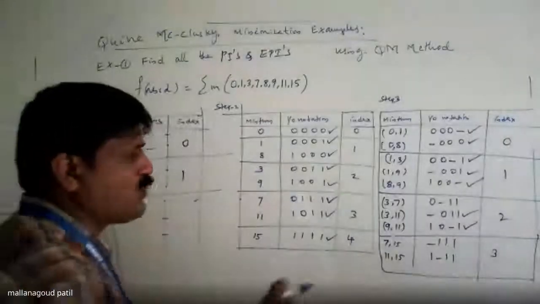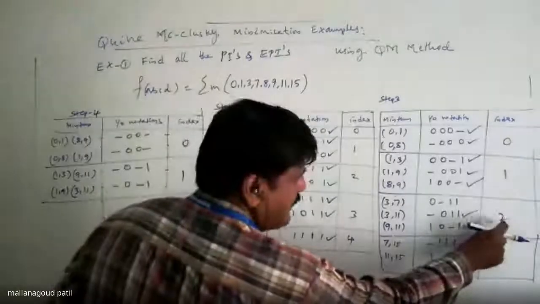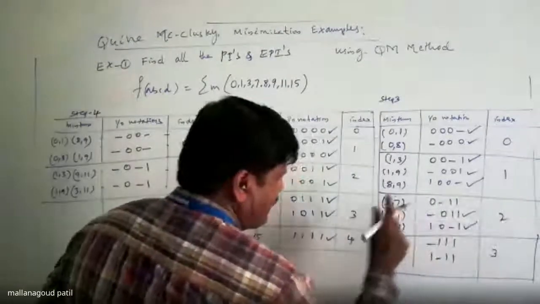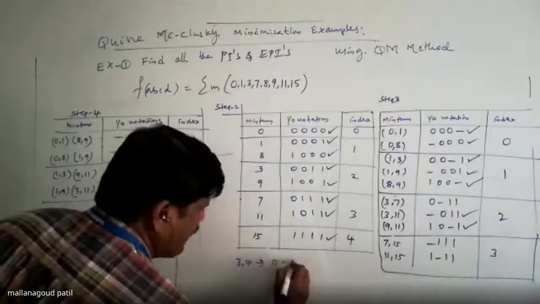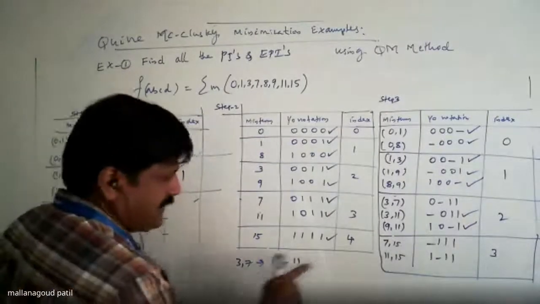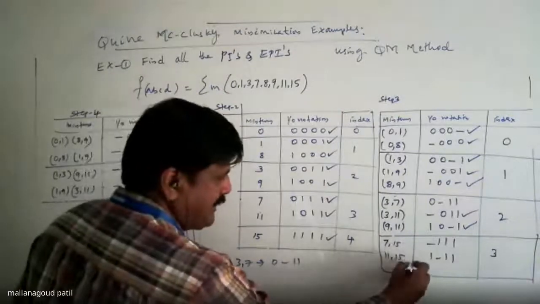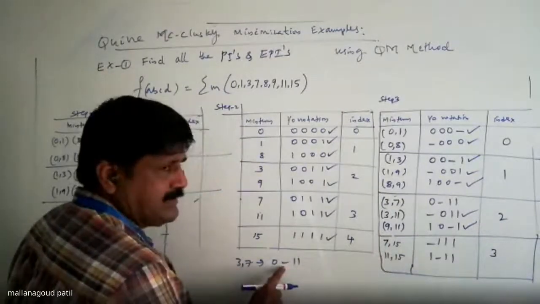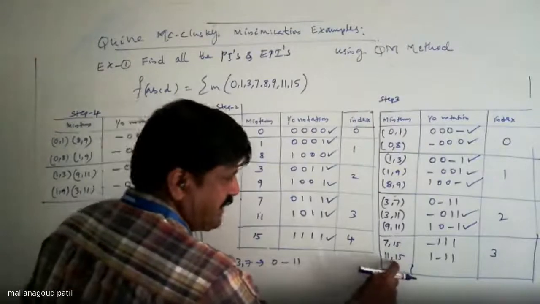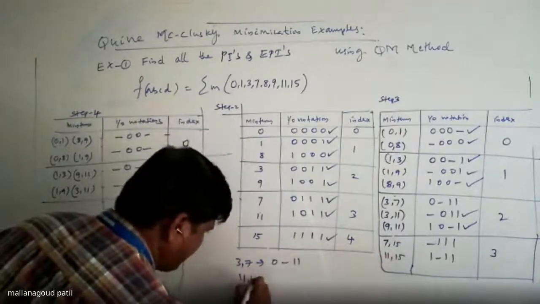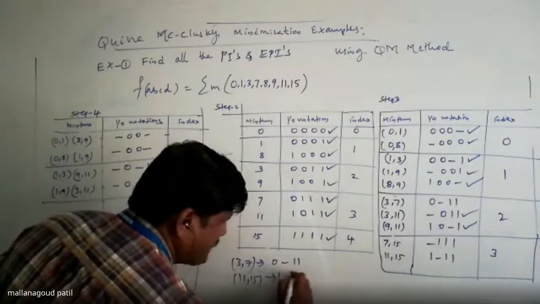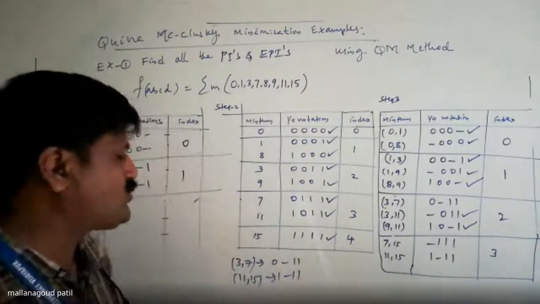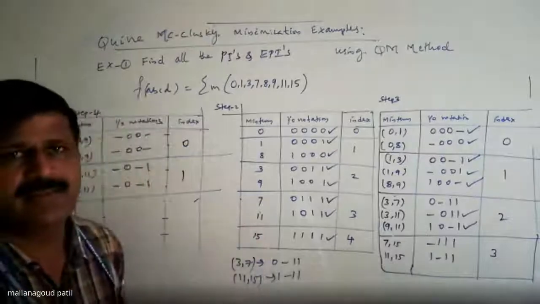Only for that case, what we did, we took index 2, the first minterm 3, 7. Representation will be 0, dash 1, 1. If any minterm in index 3 has a dash in the second bit, yes, it is 11 and 15. 11 and 15 representation will be 1, dash 1, 1. Are these two logical adjacent? Yes.